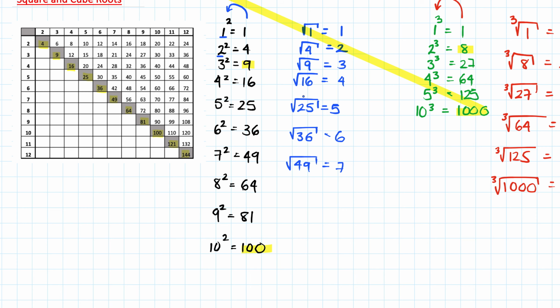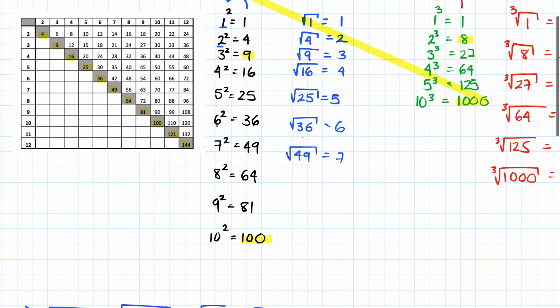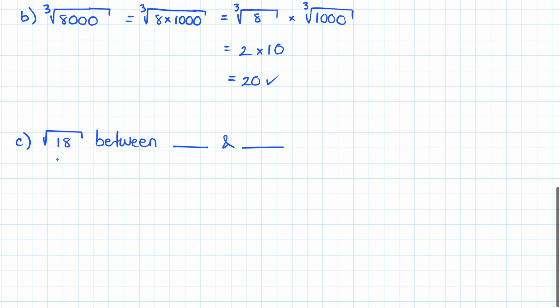Why? Because 18 is between 16 and 25. What is the square root of 16? Is 4. What is the square root of 25? Is 5. So that will give us our answer here, okay?